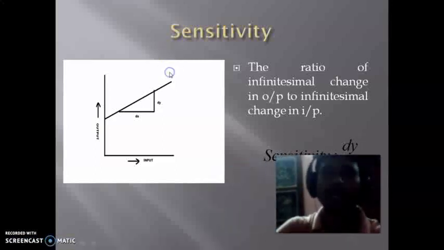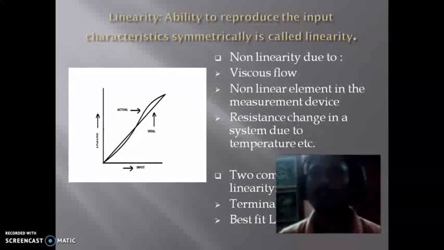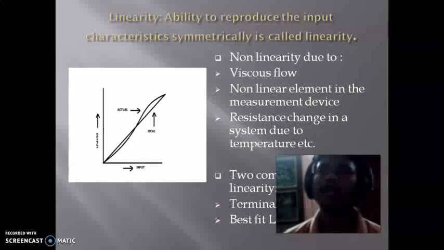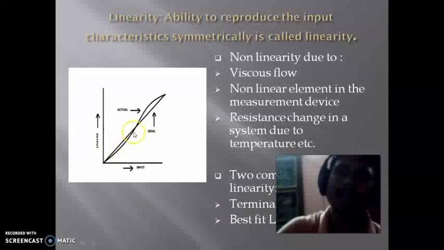Next is linearity, which is very important. The ability to reproduce the input characteristics symmetrically is called the linearity. Suppose we apply input to a particular instrument, then we will get some output. If we get the proper output, then we will get the ideal curve, generated from the origin as a straight line.